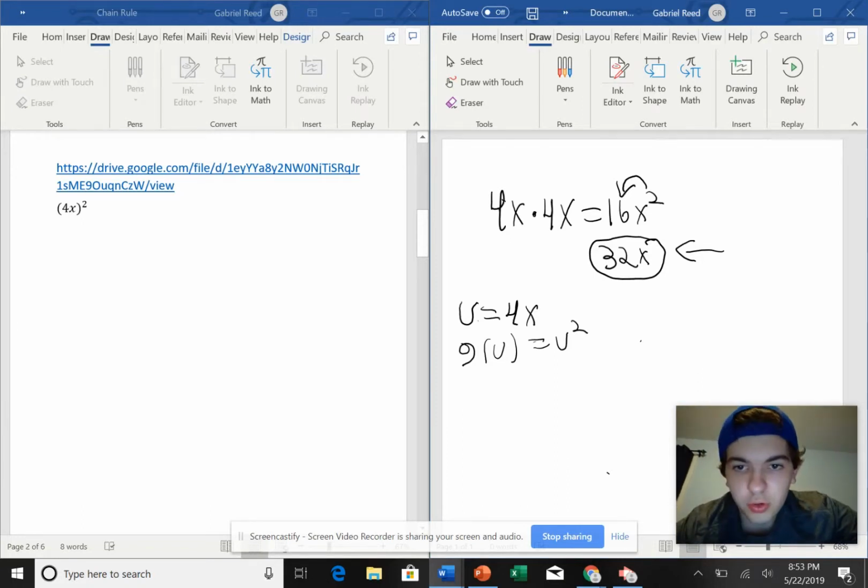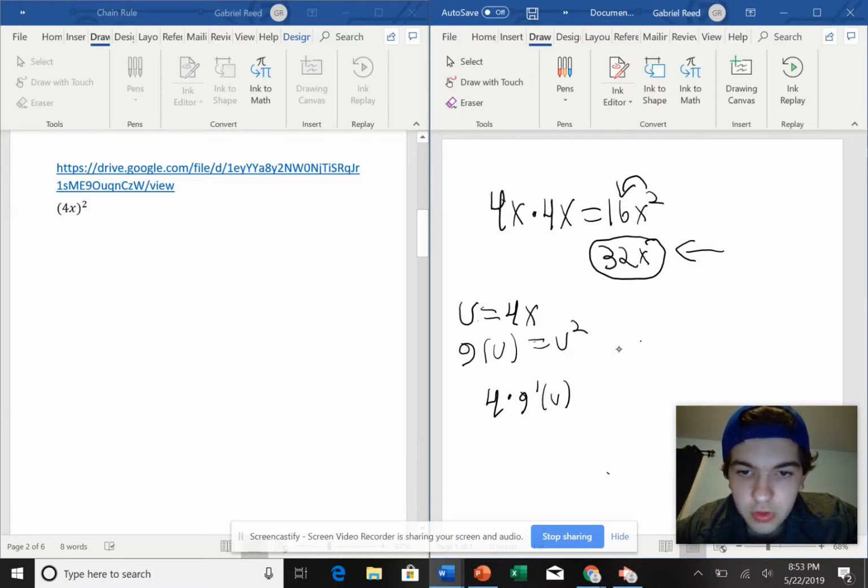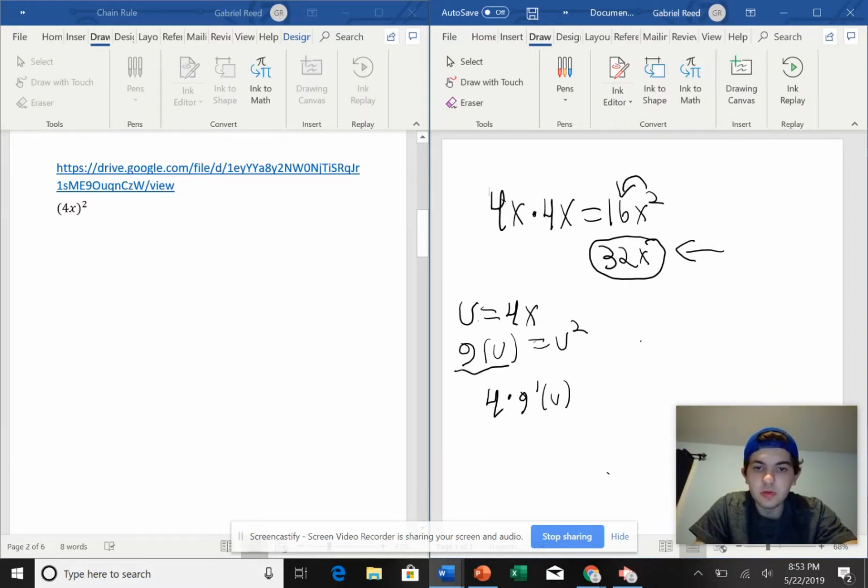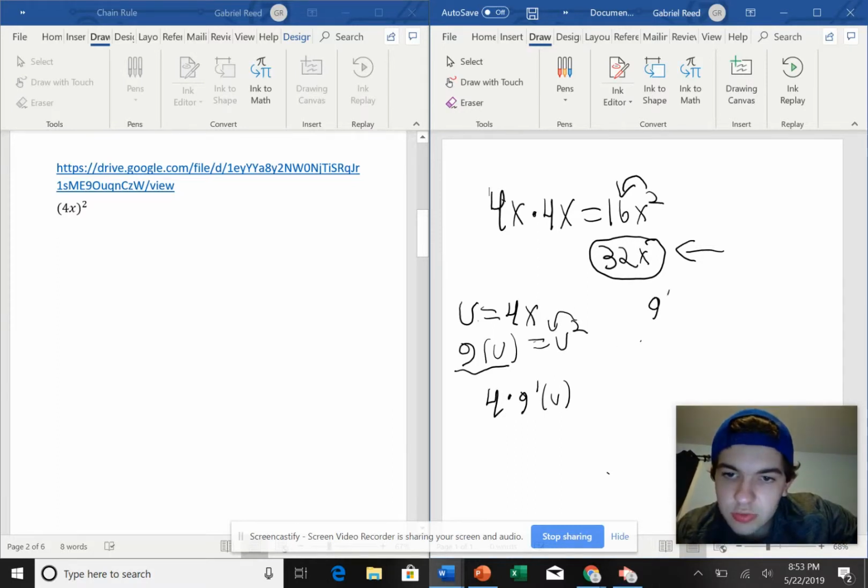The derivative of 4x is just 4, and I would do that times the derivative of g of u. Using the power rule, the derivative of g of u would be 2u. So 4 times 2u would be 8u.